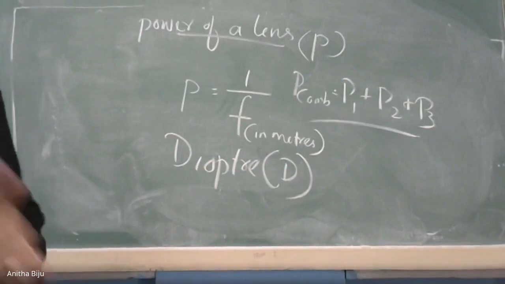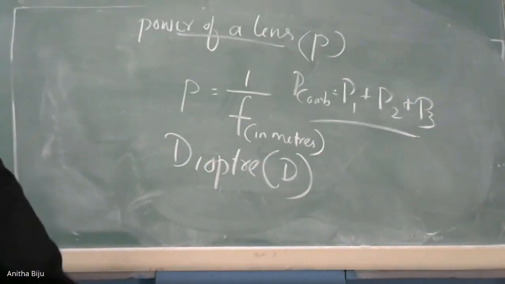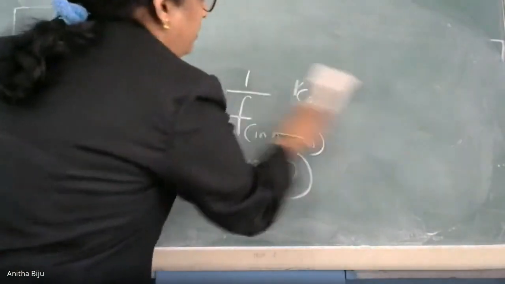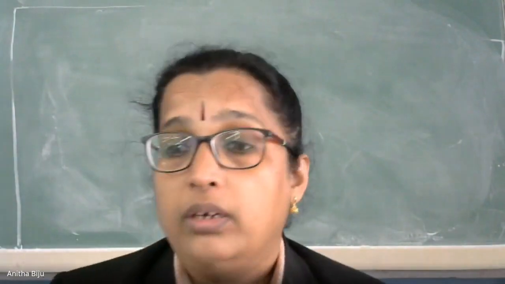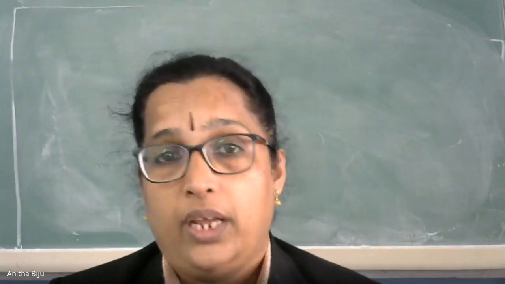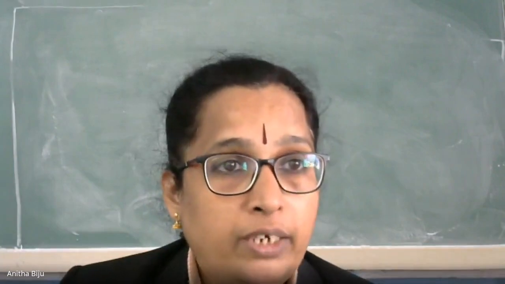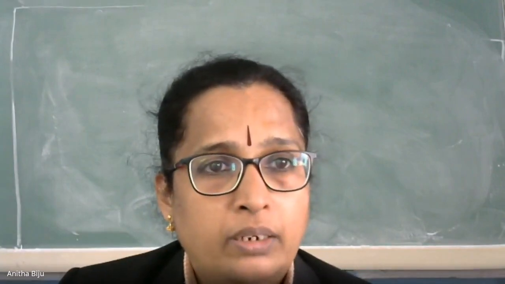Now let us do some numericals. Combined, we have to do 3 different types of numericals in this particular segment. We will get enough time today to solve at least 6 numericals in the class. Okay. So let us start first with refractive index. One topic, do you remember that?